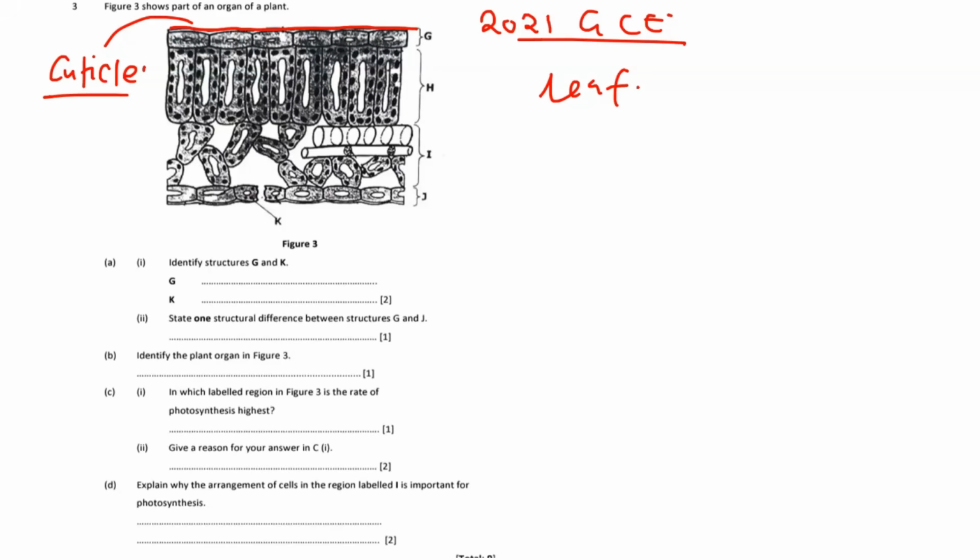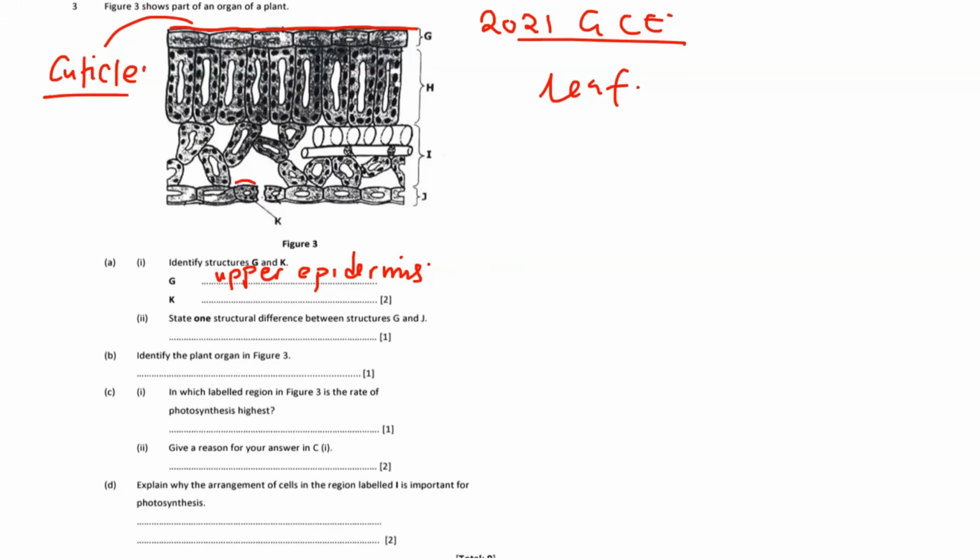What about G? This part here is called the upper epidermis. So G is the upper epidermis, which means there's also a lower epidermis. Then what about K? K is right here, and there's an opening between.